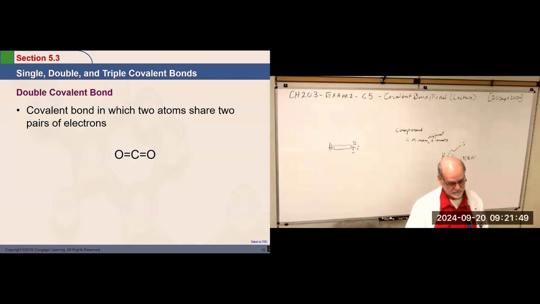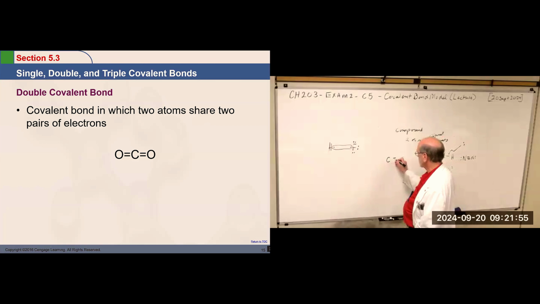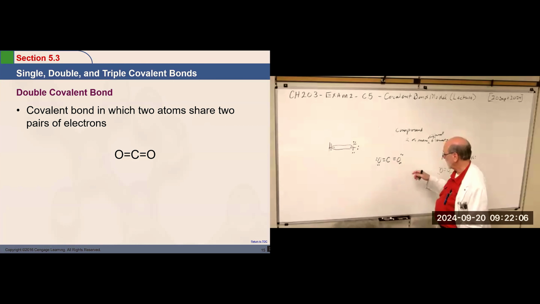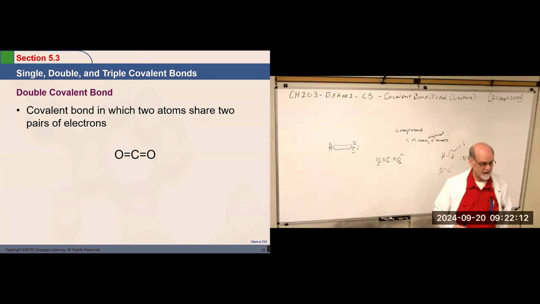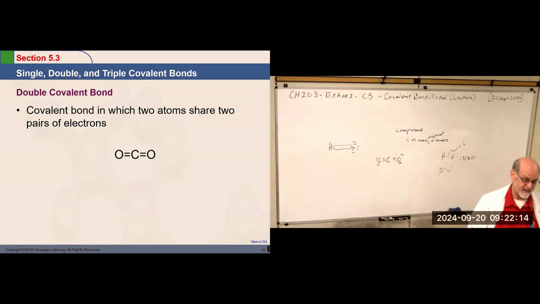It's got 8. Now, we didn't draw in the lone pairs, but if we did, we'd show the non-bonding electrons. So 2, 4, 6, 8, 2, 4, 6, 8, 2, 4, 6, 8. Everybody's got an octet. Well, they think they do.